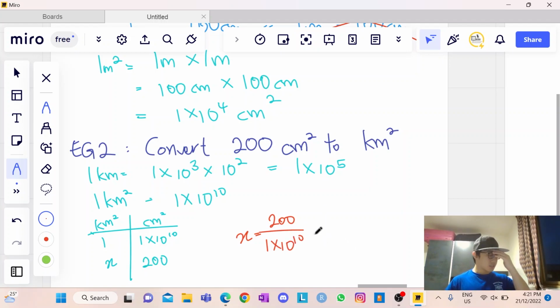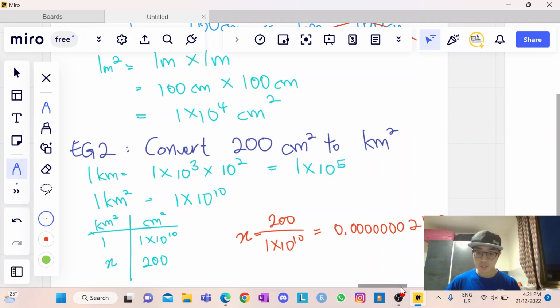This is actually a very bad question because we're going to have a lot of decimal places. You're going to move 1, 2, 3, and 7 more times, which means you're going to have 1, 2, 3, 4, 5, 6, 7, 2 km square.